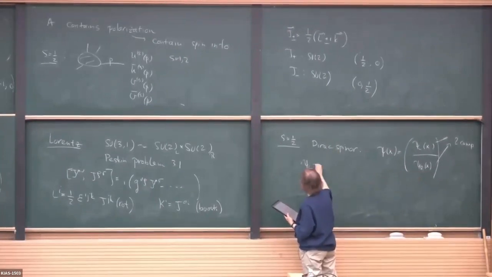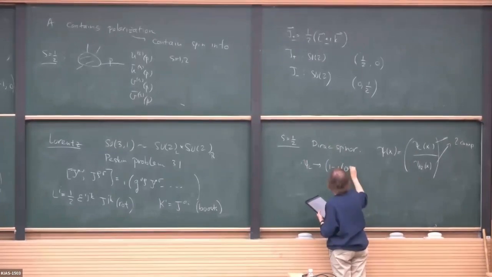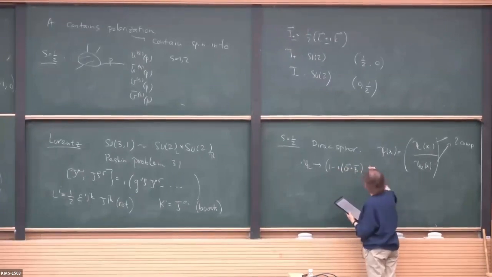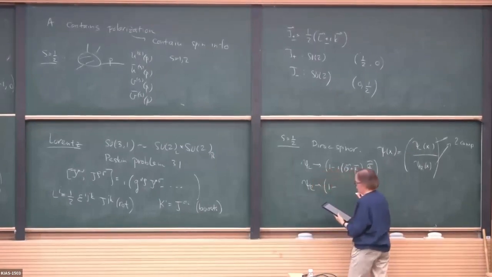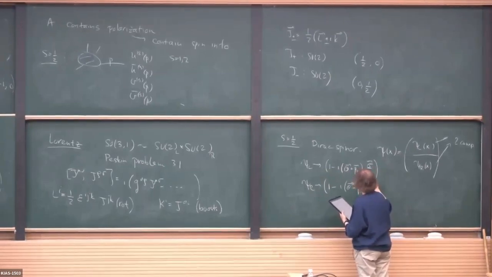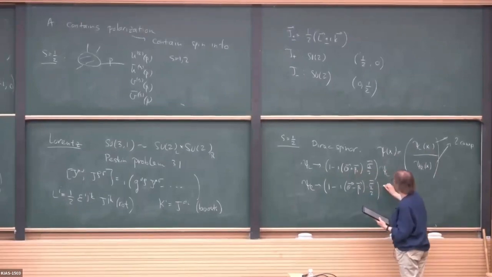So under a Lorentz transformation, psi_L goes to (1 minus i (theta plus beta) dot sigma over 2) psi_L, and psi_R goes to (1 minus i (theta minus beta) dot sigma over 2) psi_R.